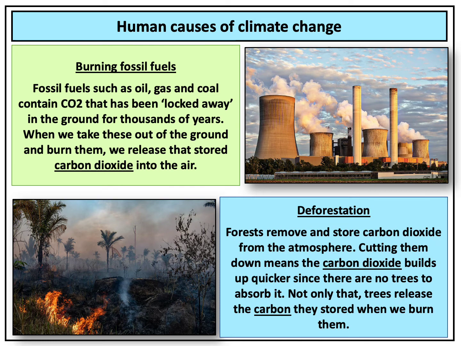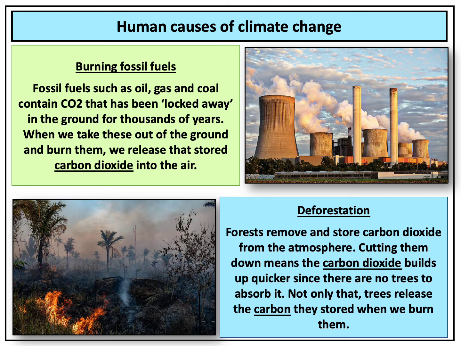Deforestation is very similar because forests remove and store carbon dioxide from the atmosphere. So carbon is stored within trees and plants. When we cut them down, this means that carbon dioxide then builds up quicker because there are no trees to absorb it through photosynthesis.